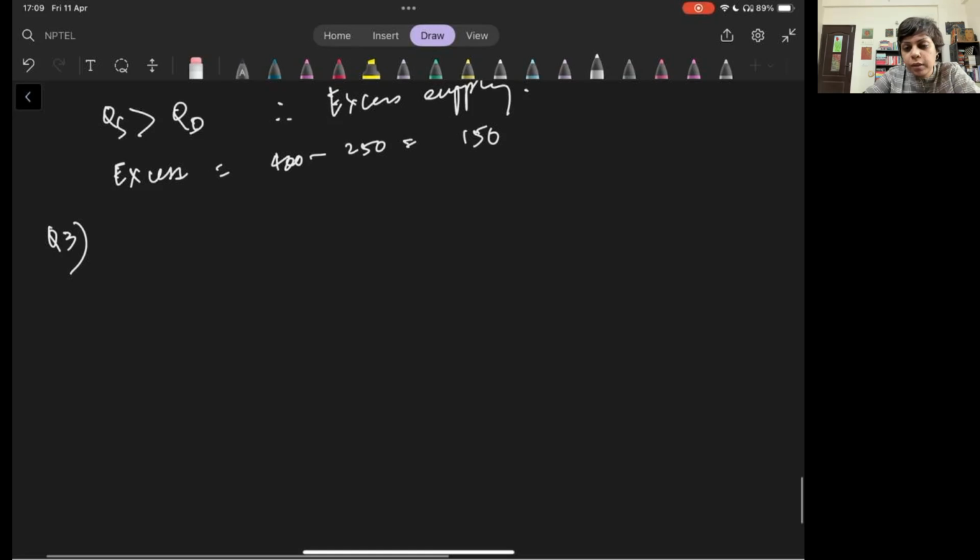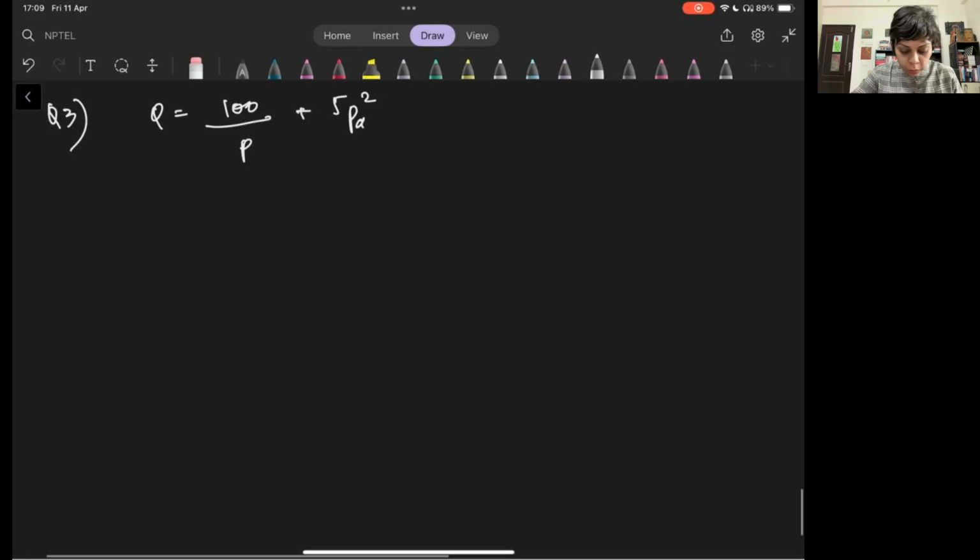Okay, so firstly, we are asked price elasticity of demand. Let me write down the function. You're given the demand function as 100 by P plus 5PD square. Now, you're asked price elasticity, epsilon, is what we have to calculate. So epsilon is equal to what?